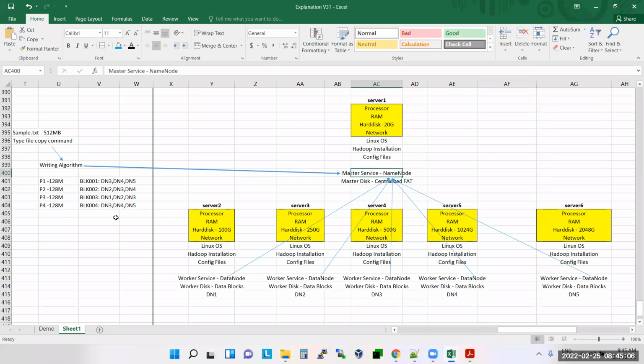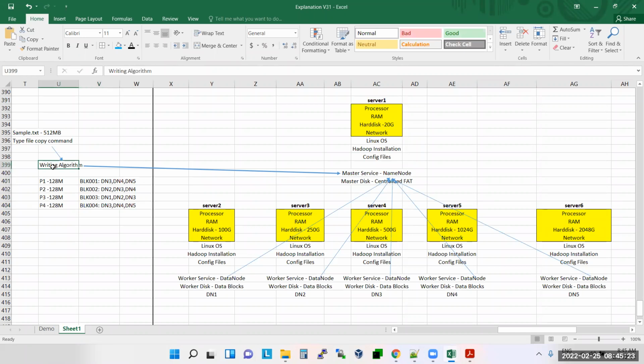Who is deciding the name of each piece? The name node. And who decides where the first piece should be available? The name node only. So the name node will tell the writing algorithm to write the first piece of data with the name BLK001 in data nodes 3, 4, 5.